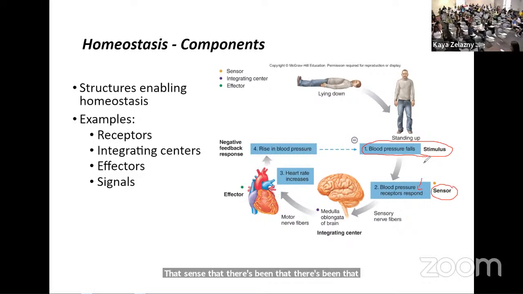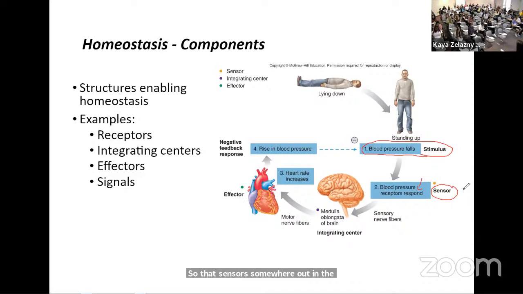So we have sensors located in our body. Especially in the arch of the aorta, we have a specific structure that tells you what the blood pressure is, and then also in your carotids. But more generally, in a general homeostatic mechanism, we have a sensor of some type. That sensor is somewhere out in the body.